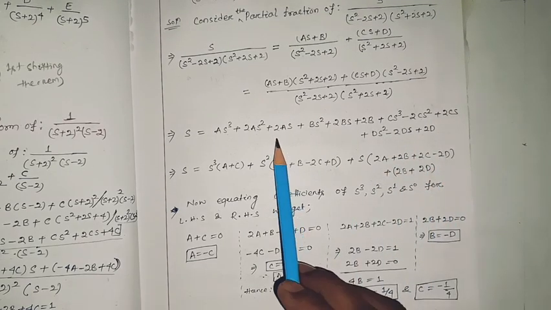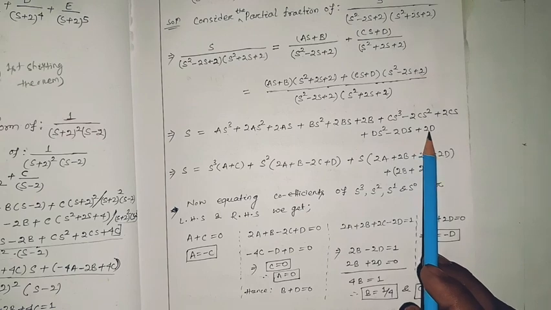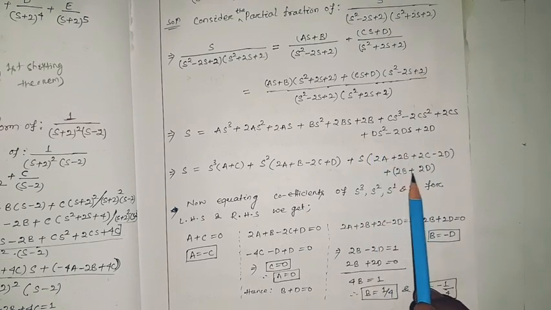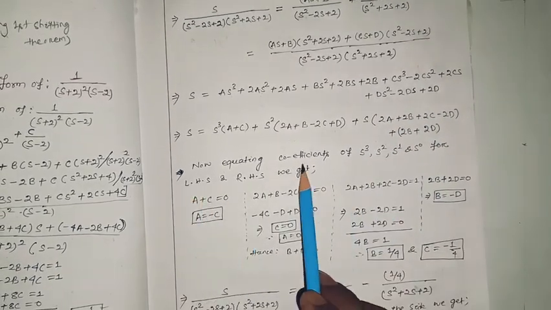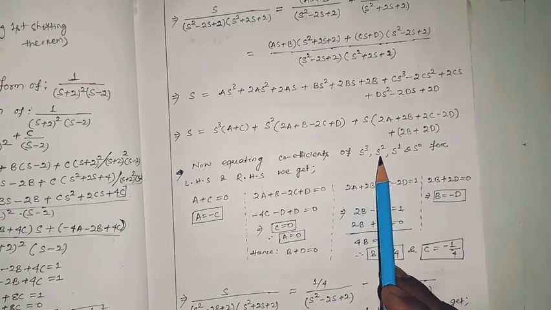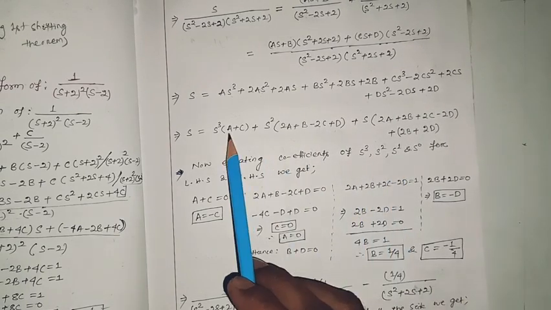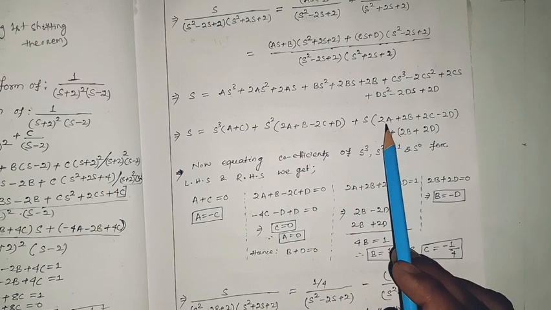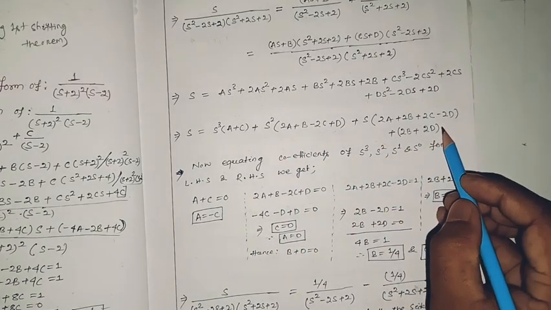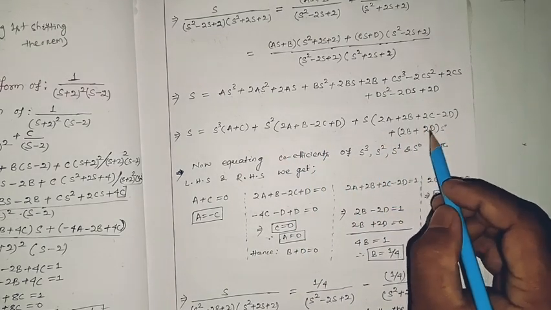And the constant terms are 2b plus 2d. Now we equate the coefficients of s³, s², s, and s⁰.